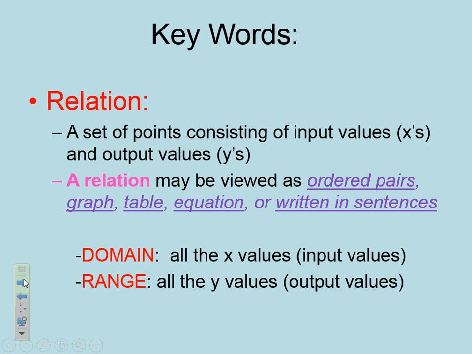Alright, when we have our relations, we're going to be talking a lot about domain and range. Domain represents all of our x values, so our inputs. And our range is going to talk about all of our y values or our outputs. Alright, make sure you have everything on this page written down, please.